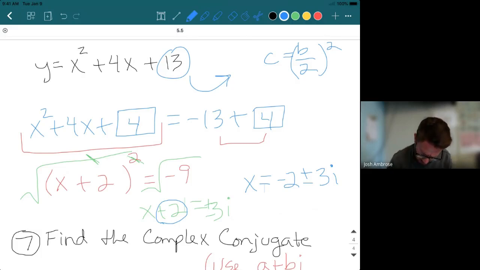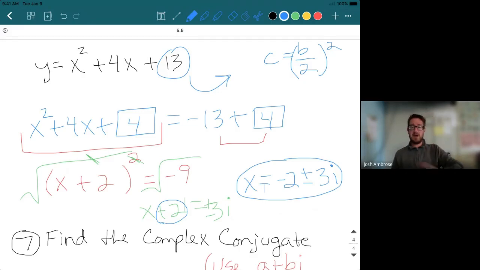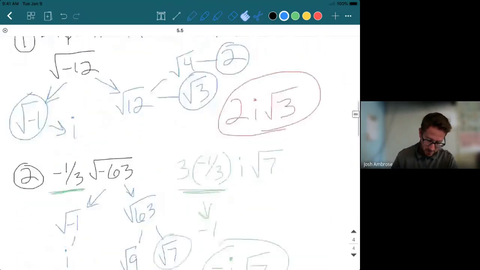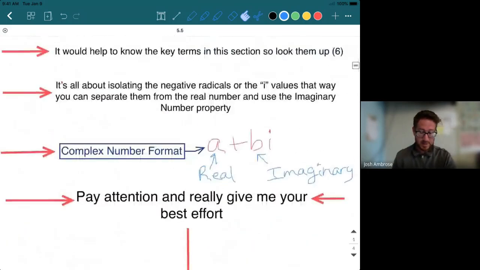And one thing I want you to notice is the format. Notice how in this format, I have the real number in front, I have the imaginary number in the back. And that's exactly what we're supposed to do. That's the complex number format. Always stick to that format. Real in front, imaginary in the back.